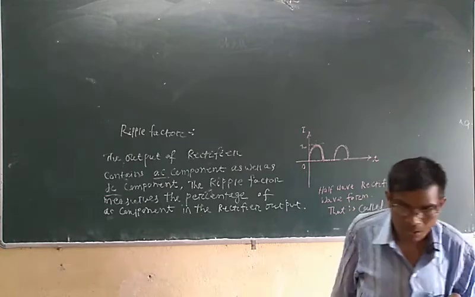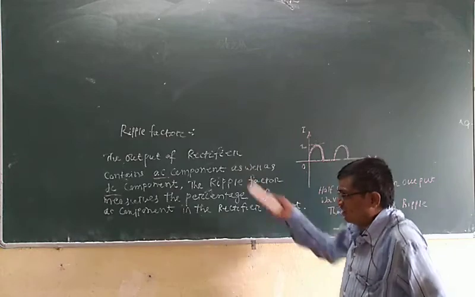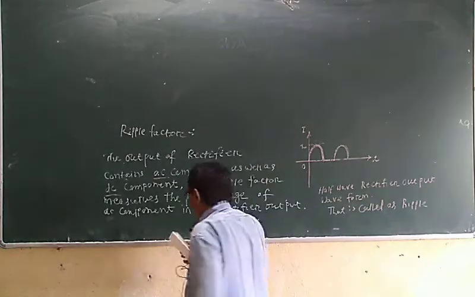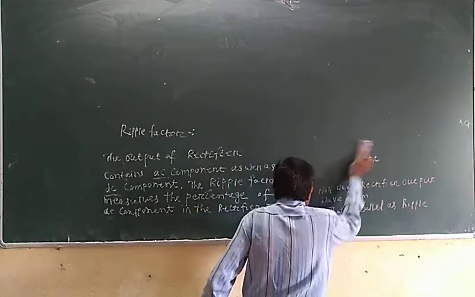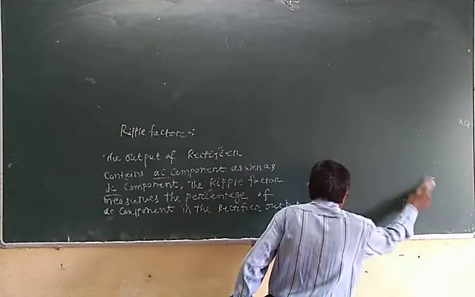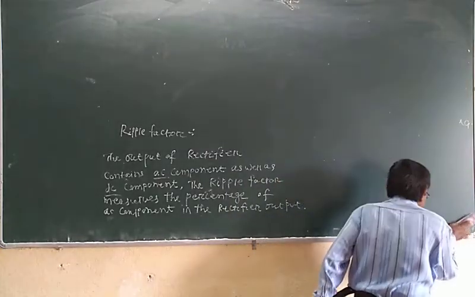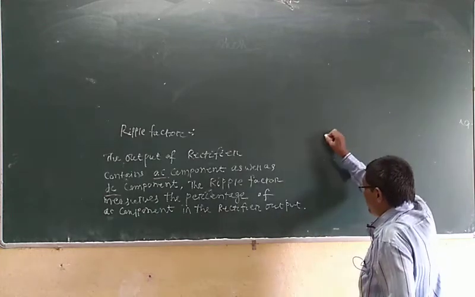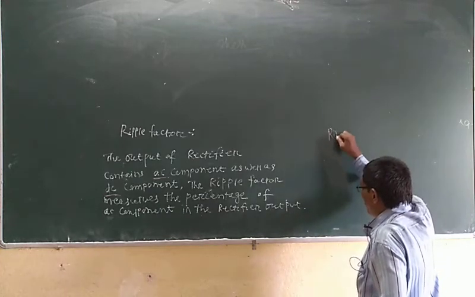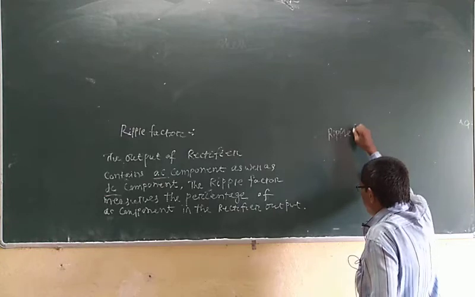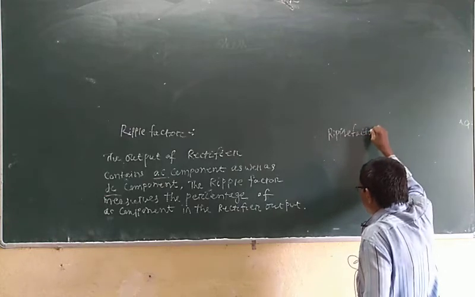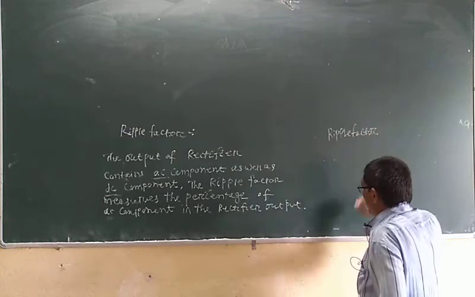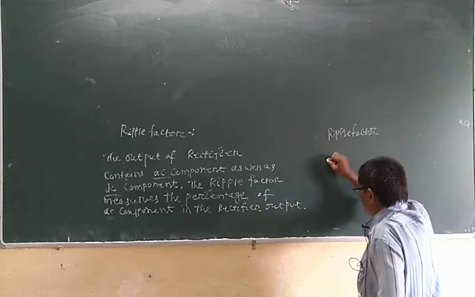Now the ripple factor is denoted as gamma.